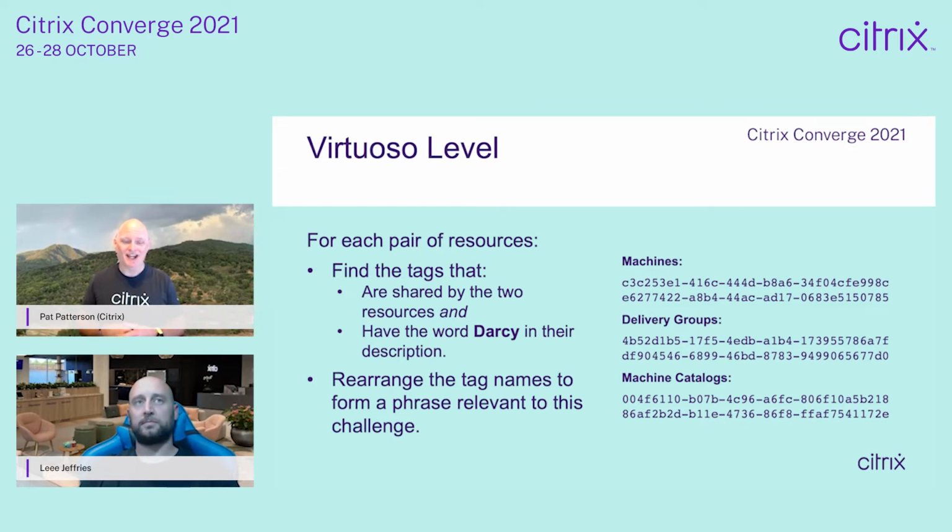And I think you pulled a bit of text from, was it Pride and Prejudice? It is indeed, yep. Excellent. So if you have a little look around the environment, you'll find a few more names in there. But anyway, these pairs, the 2 machines, have some number of tags in common, and you're to filter out just the tags that have the word Darcy in their description.